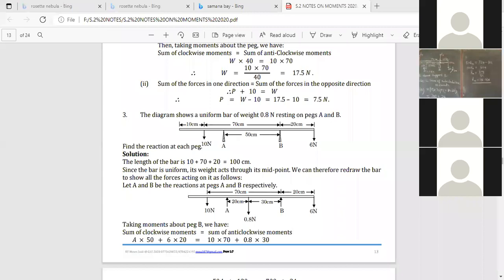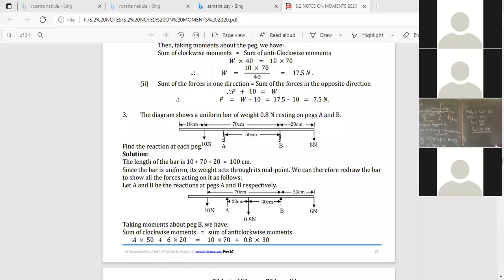Now we want to find RB. So what condition do we apply?